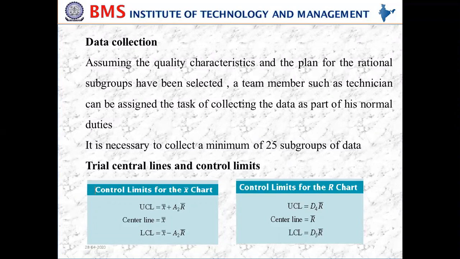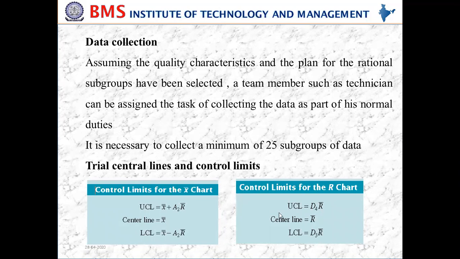Likewise, X1 bar plus X2 bar plus X3 bar and so on plus X25 bar. After finding each subgroup average, we calculate the average of averages, that is X double bar, which is the center line you are going to show on the X bar chart.